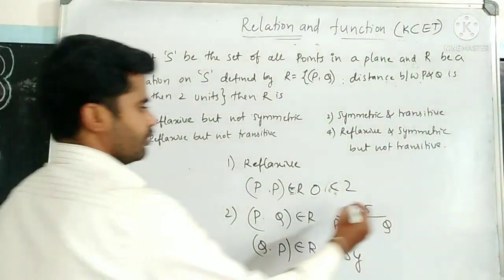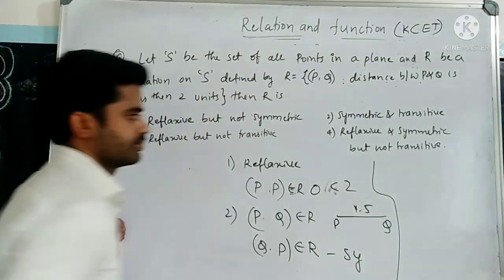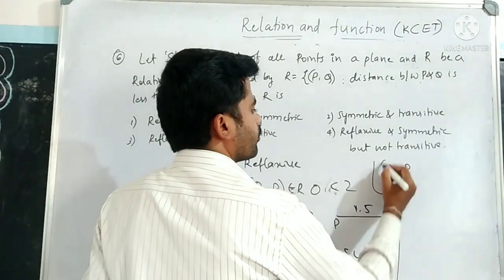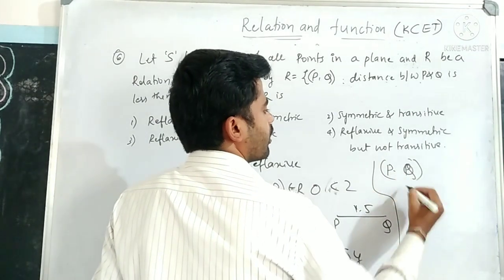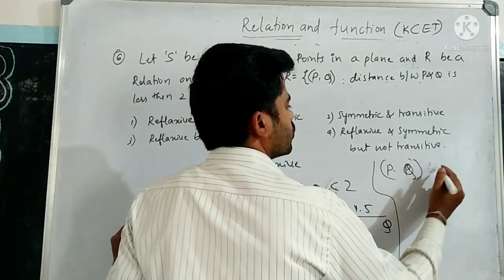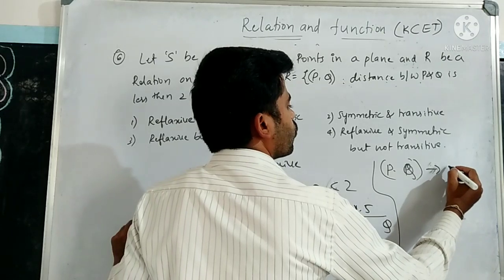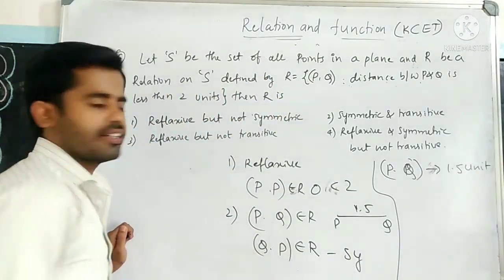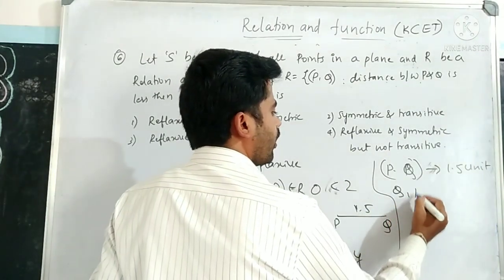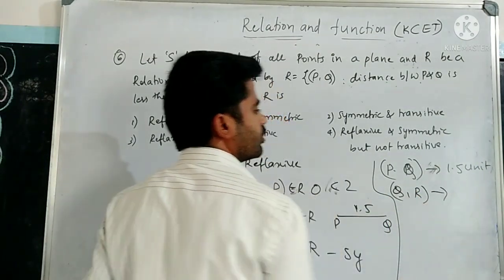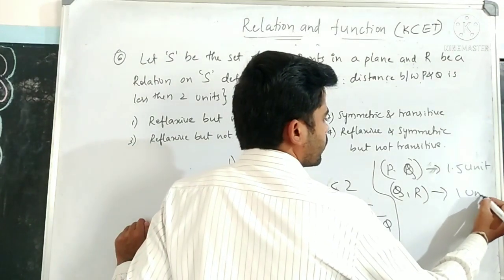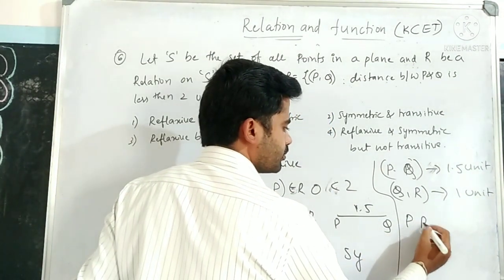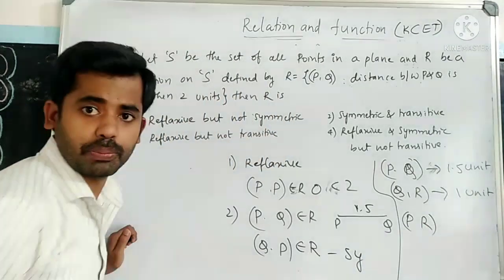Now let me move on to transitive. The distance between P and Q I will take as 1.5 units, and the distance between Q and R I will take as 1 unit. Then what is the distance between P and R?